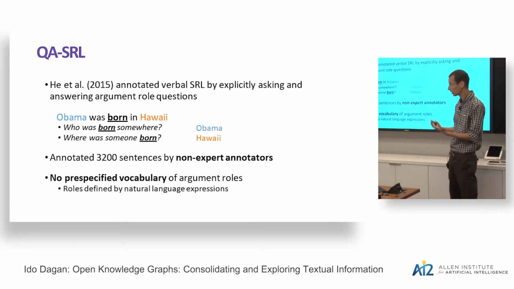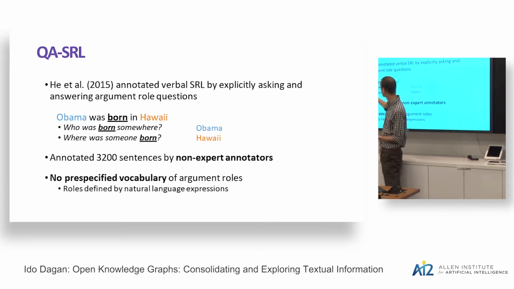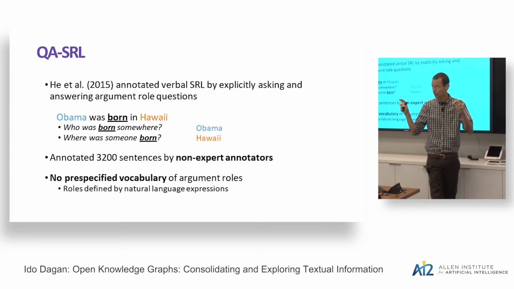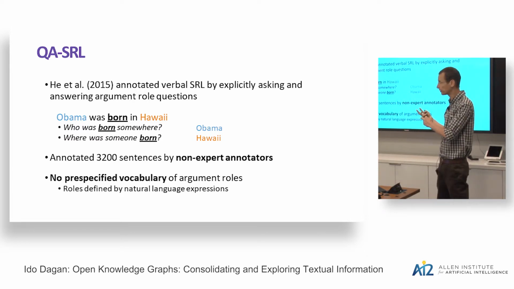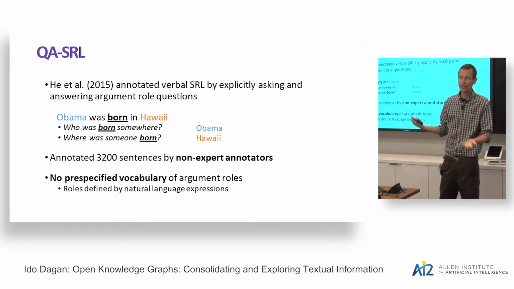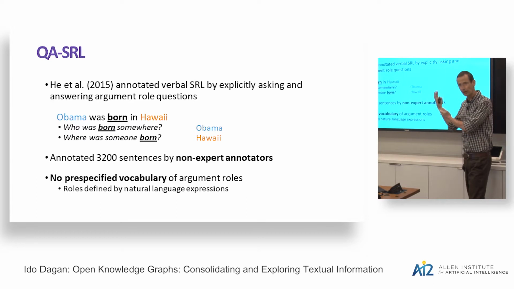And then the crowdsource workers would put up questions like, who was born somewhere? Obama. Where was someone born? Hawaii. And then this question-answer pair could actually serve as the role of the argument. So we will have a specification of the roles, but again, in natural language terms. There's no predefined vocabulary. Whatever the Turkers came up with, that's what they've put. Okay?